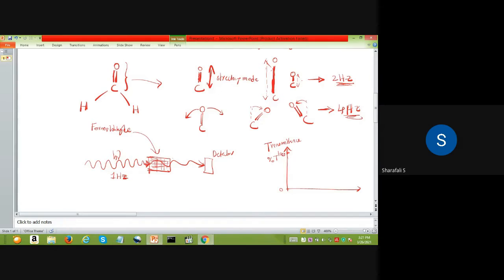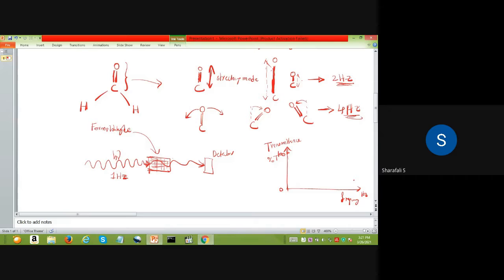So 100 means all the radiation is transmitted through. Okay, 0 means not a single radiation of that frequency is transmitted. So on the x-axis we have frequency. Let's say this is in hertz.